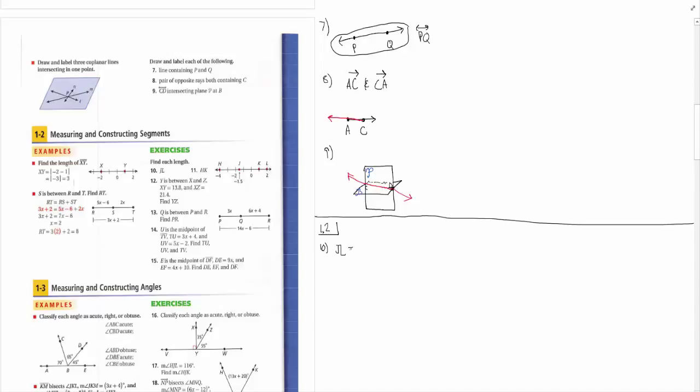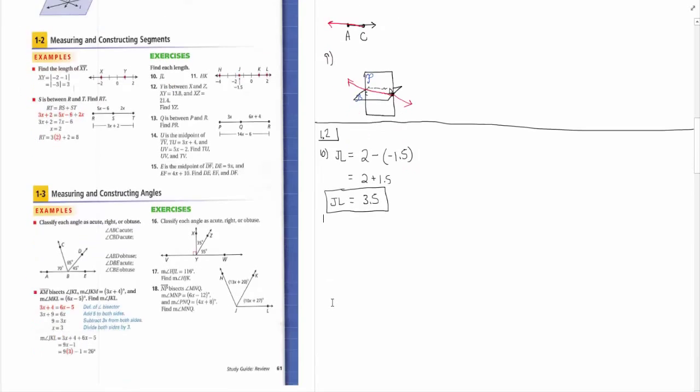So JL, the distance, would equal 2 minus negative 1.5, which, by the way, is 2 plus 1.5, which equals 3.5. So number 10 is 3.5.